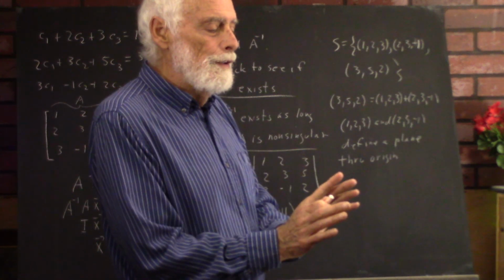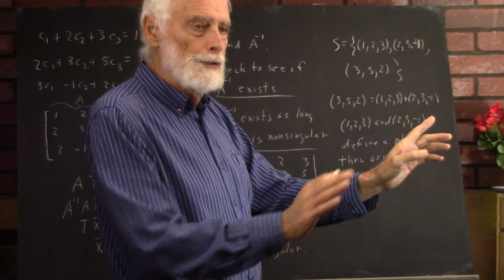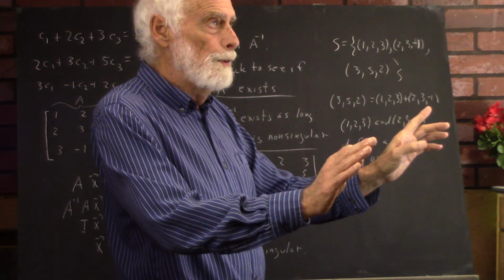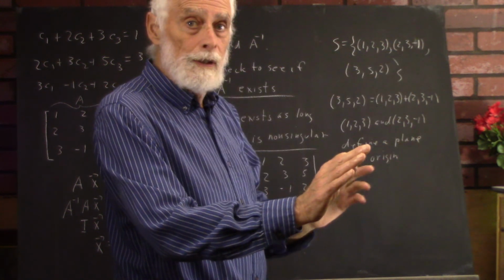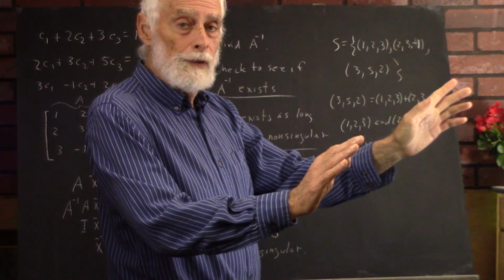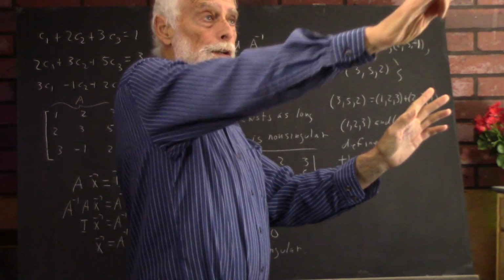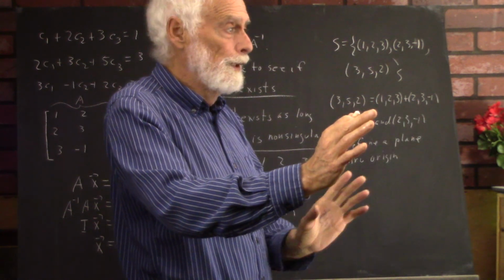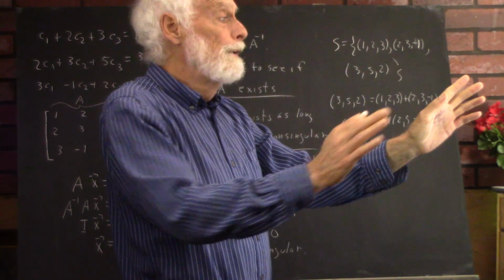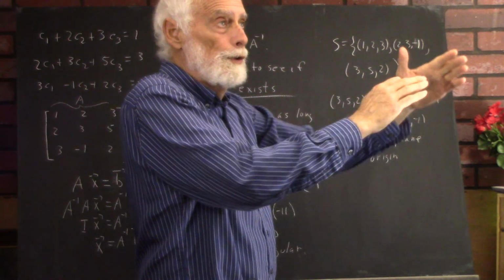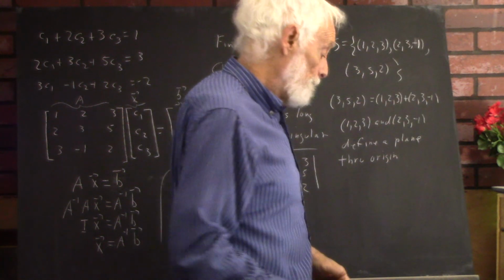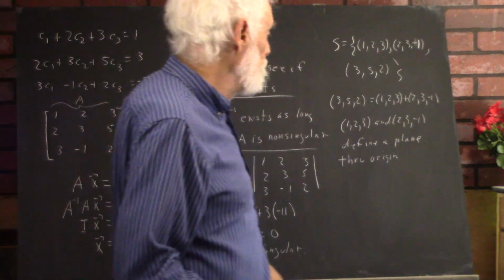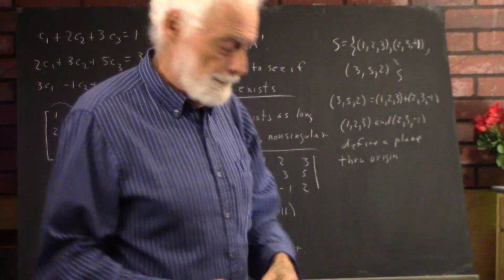Using a combination of these two vectors, you get to any point. You go out far enough that the direction from here to there is the direction of this vector, and use the appropriate multiple. They're not parallel, so you can always do that to any vector in the plane.